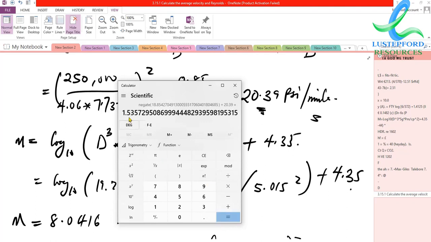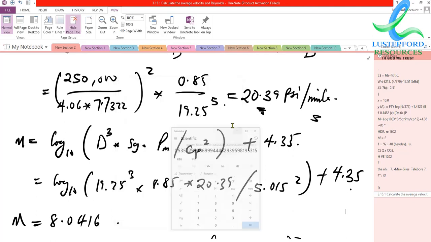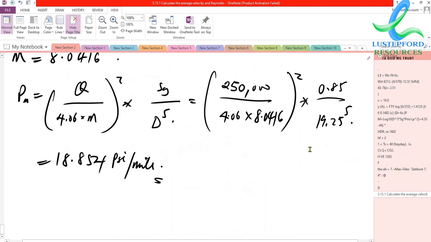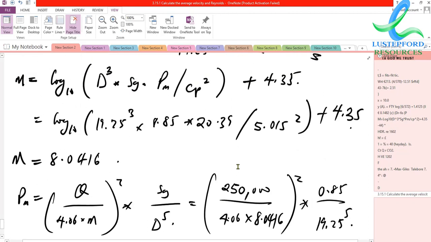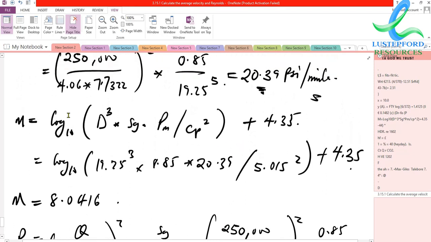So I have 1.5. So the difference is very high. So until the difference is less than or equal to 0.1 psi per mile, then I will stop. So now let's use this to calculate our M. Now we insert it here.